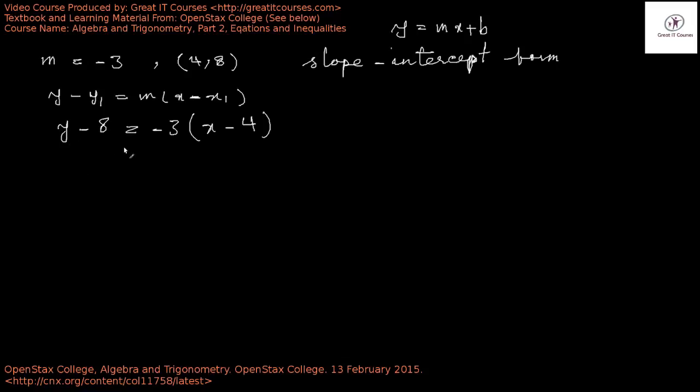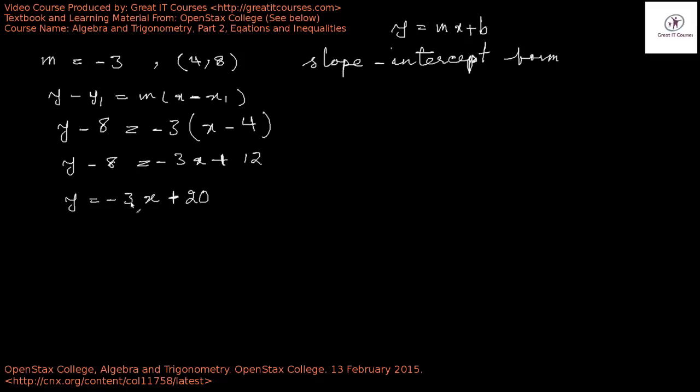Now you can simplify this. You can write this as y minus 8 is equal to minus 3x plus 12. So y is equal to minus 3x. This goes to the other side and becomes plus 8, and so 12 plus 8 is equal to 20.